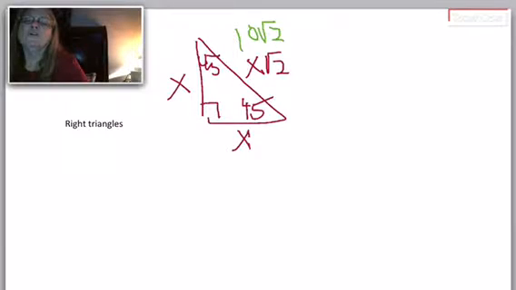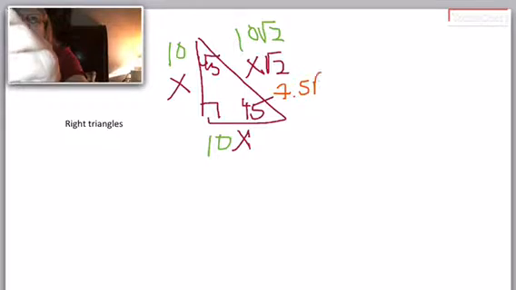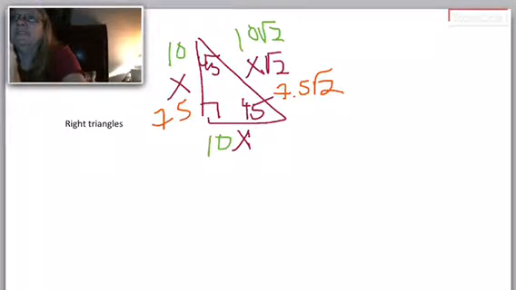Well, what are the lengths of the legs? Well, they are 10, because this is 10, 10, 10 times the square root of 2. So if they're nice enough to give us the hypotenuse as anything, say 7.5 times the square root of 2, well, the other side is 7.5.